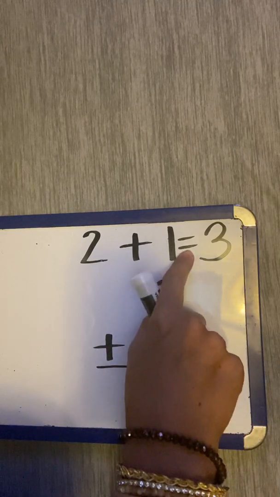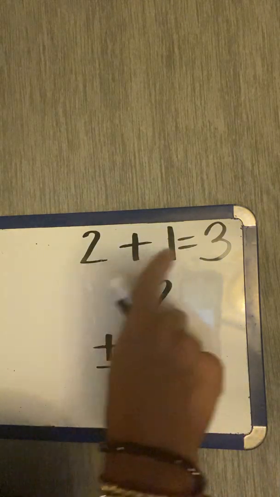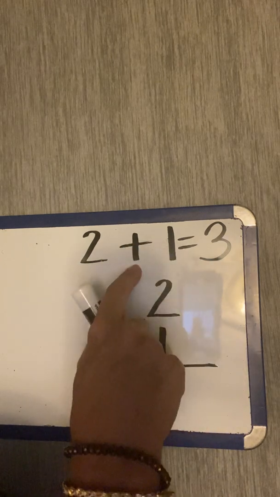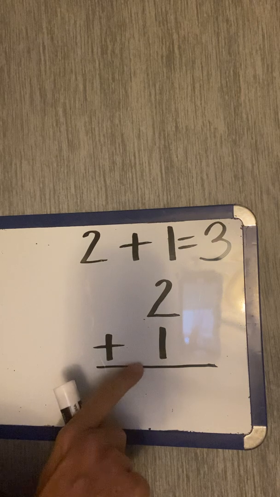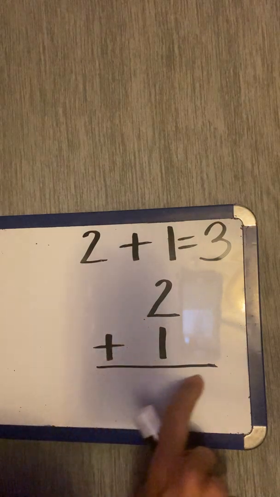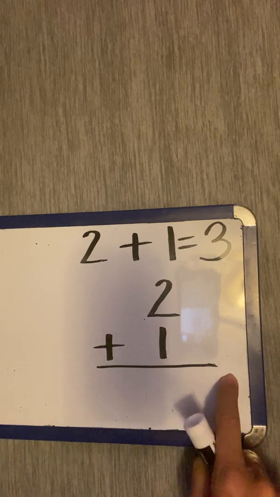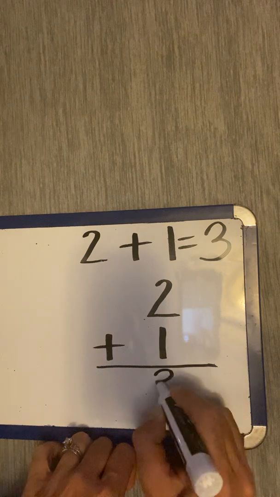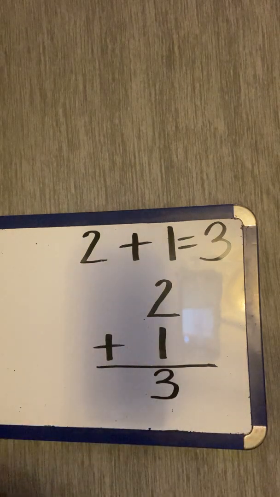So, horizontally when we write our number sentence, this is our equal sign. When we write the same problem vertically from top to bottom, 2 plus 1, we draw 1 line that represents equals. So we get the same answer. 2 plus 1 equals 3. Okay?